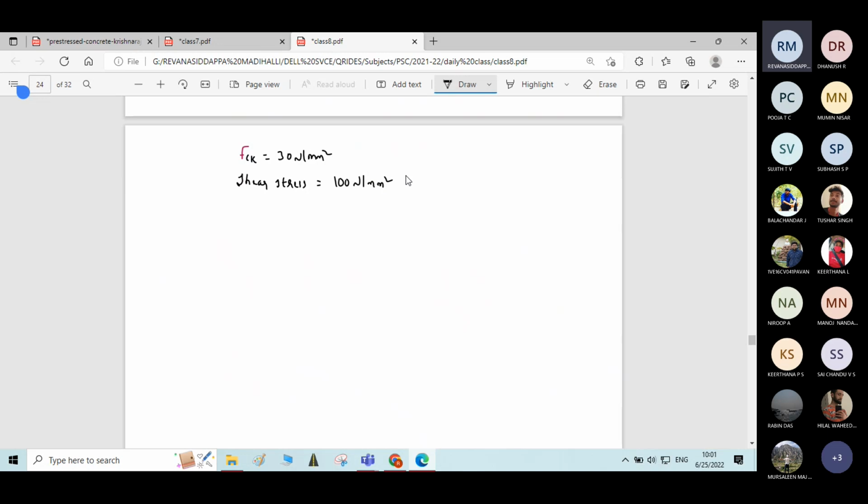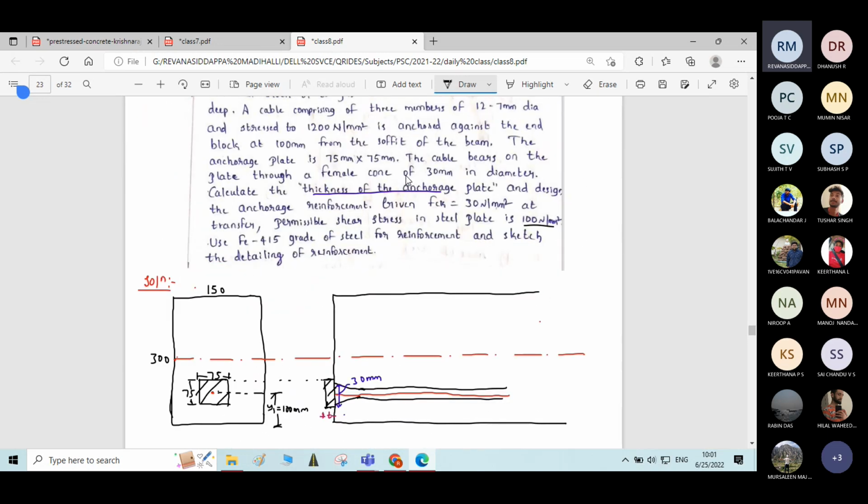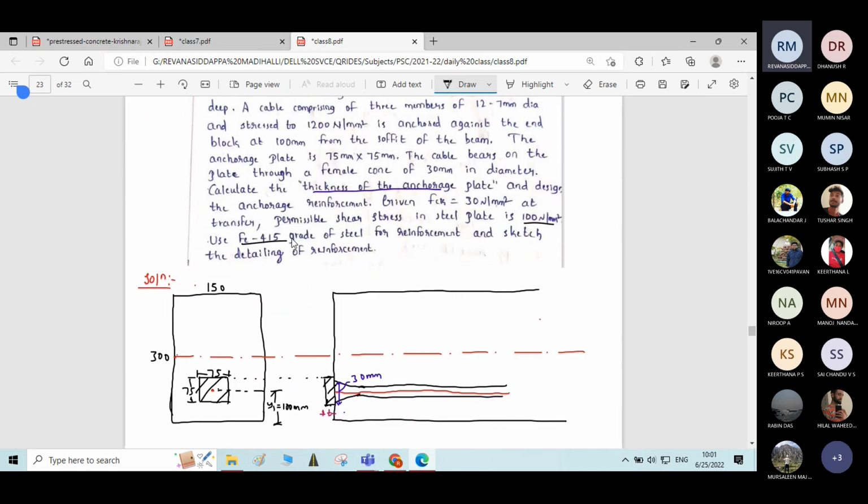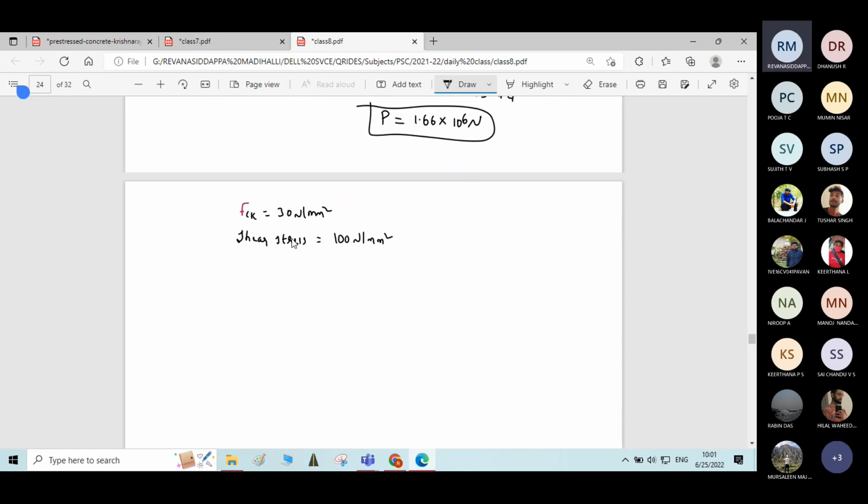And it is asked to use Fe 415 grade steel for design of the reinforcement. Fy is equal to 415 Newton per mm square.